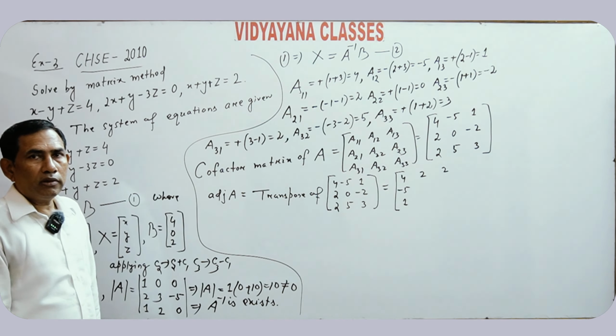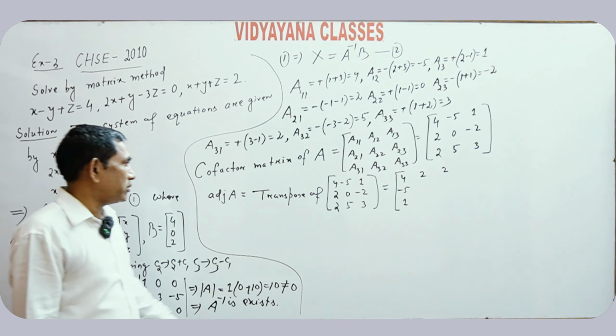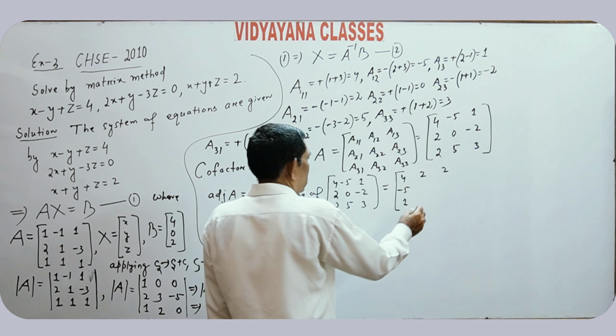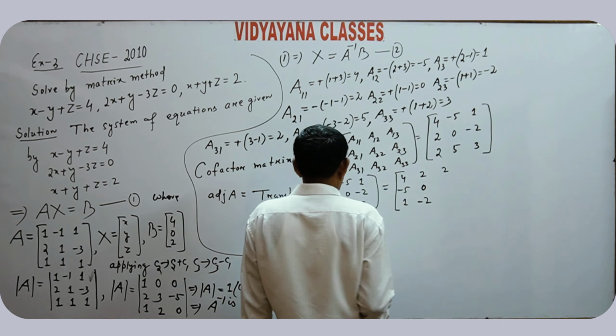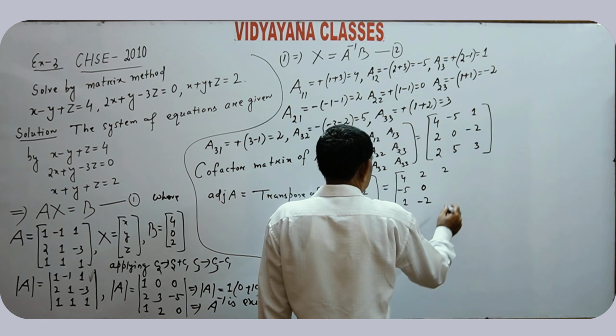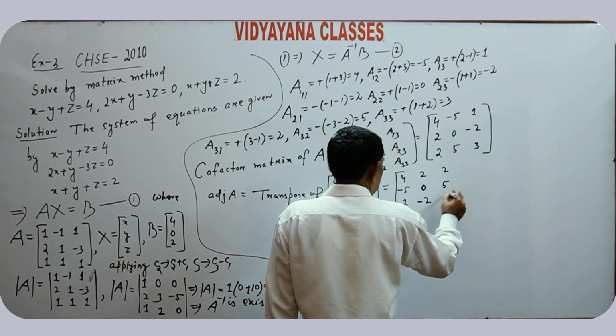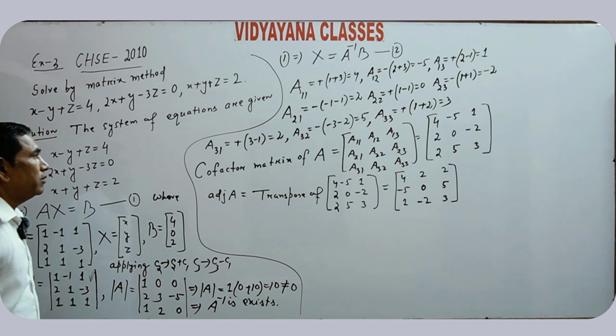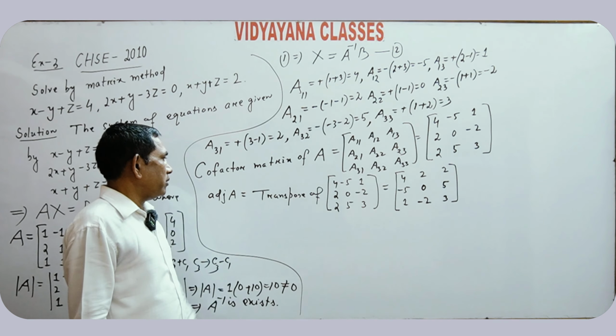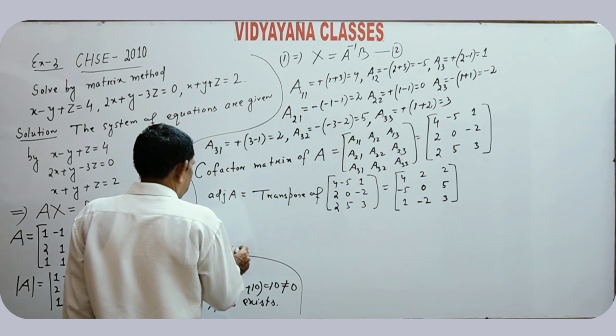Rows change to columns, columns change to rows. Then minus 5, 0, 5 and 1, minus 2, 3. Transpose of the cofactor matrix is called the adjoint A.